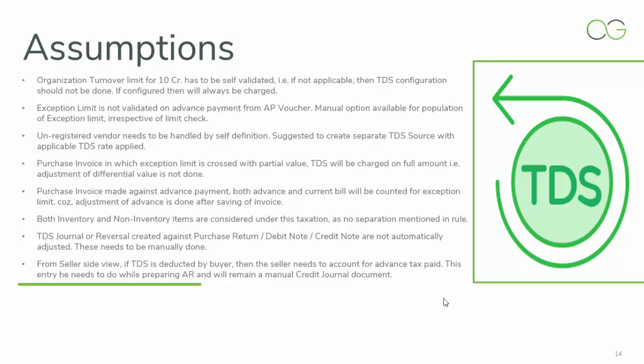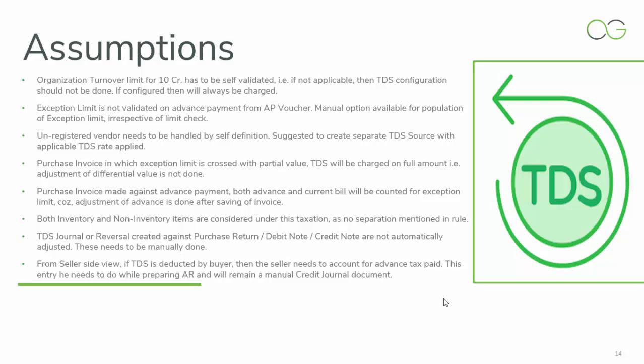Moving ahead is the case of an unregistered vendor. That is, any vendor who has not registered under income tax, that is, not having a PAN number or not filing any TDS returns. In such cases, the government says that the TDS rate will be higher than the 0.1% rate. So if the vendor is not registered or has not provided the PAN information, the exception has to be self-managed.